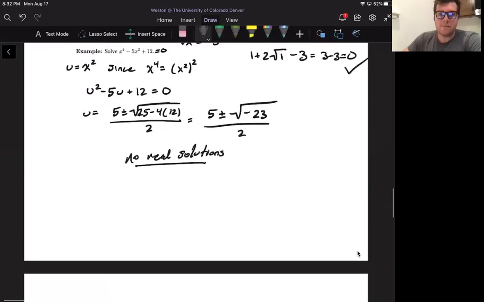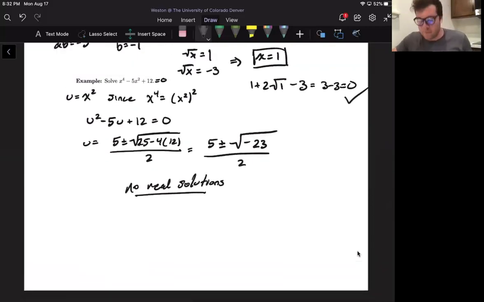So that's it for the quadratic form. Really, the method is to just find out how to substitute that u in. And maybe I should add an addendum. It only works when it follows that f of x squared pattern.